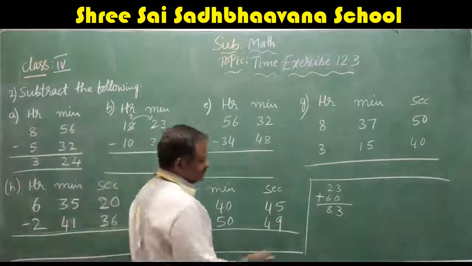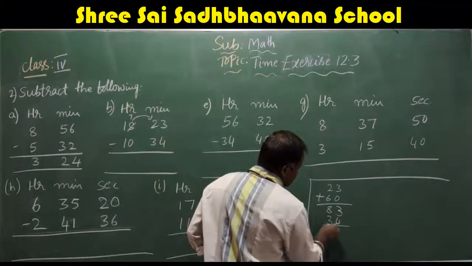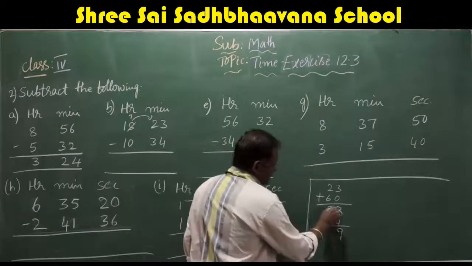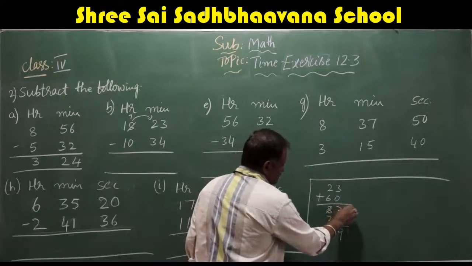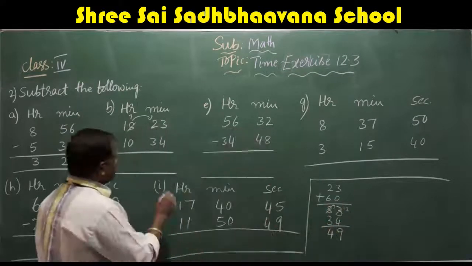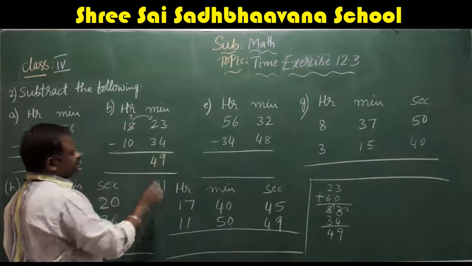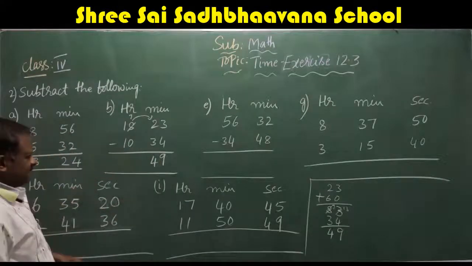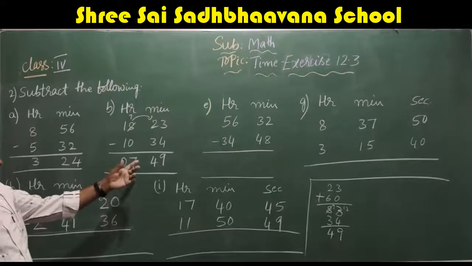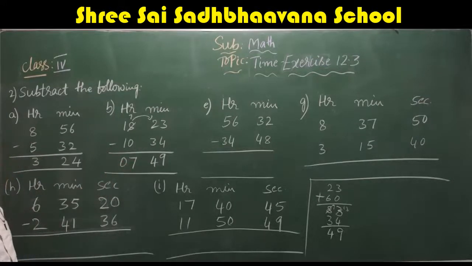Subtract 34 from this. 13 minus 4, 9. This becomes 13. This becomes 7. 7 minus 3, 4. So 49 minutes it becomes. 17 minus 10, 7 hours 49 minutes.